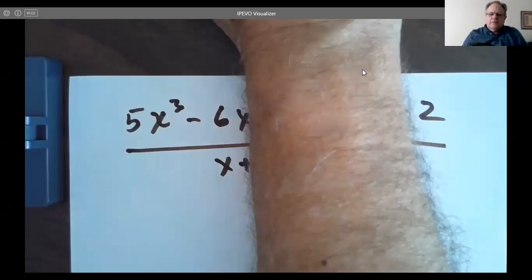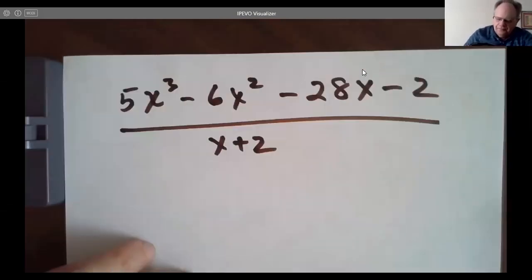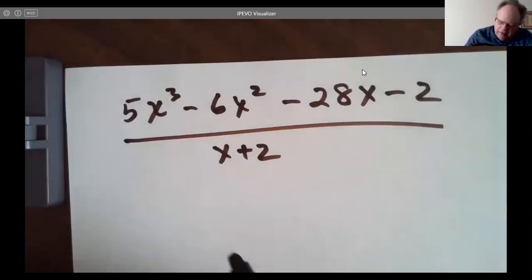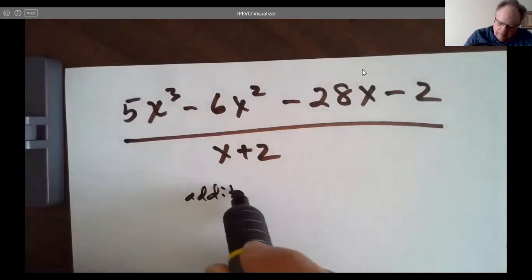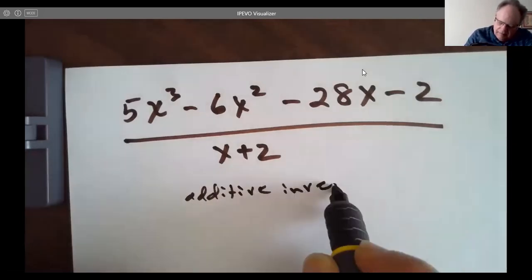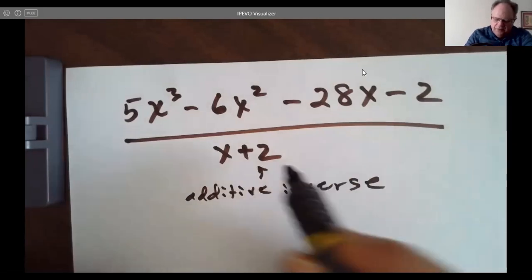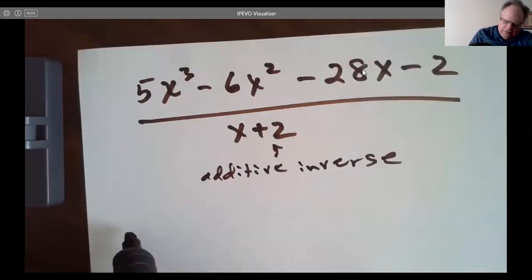Okay, so again, we use the additive inverse for our divisor. So here we have x plus 2. So for our divisor, we put a minus 2.